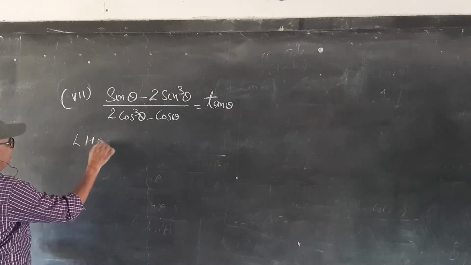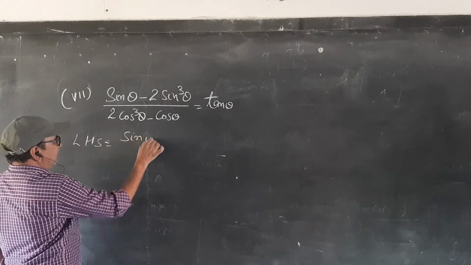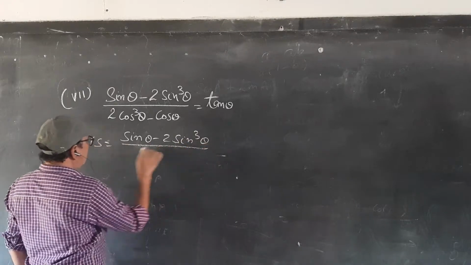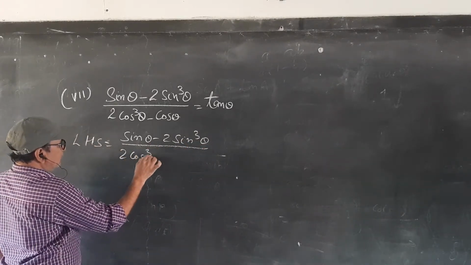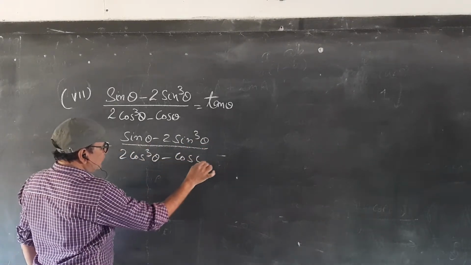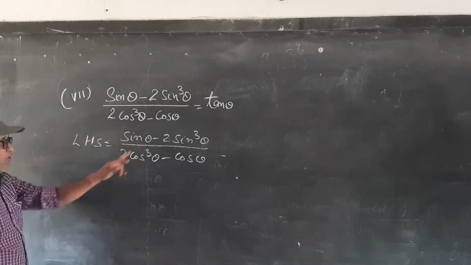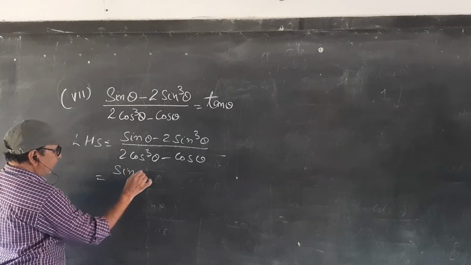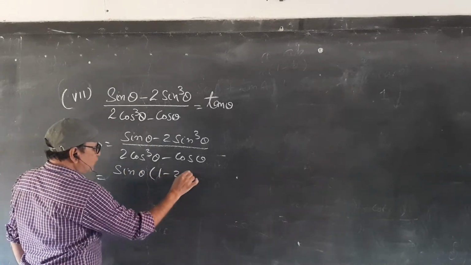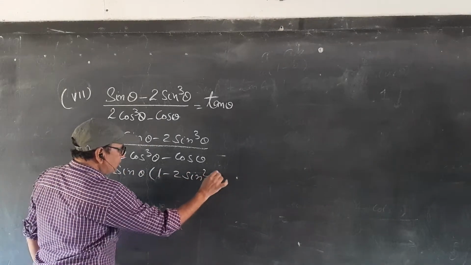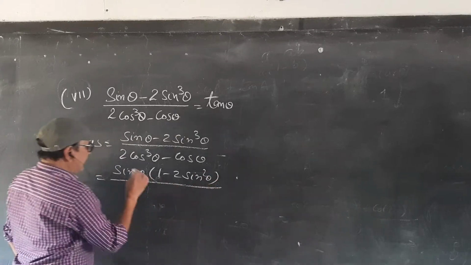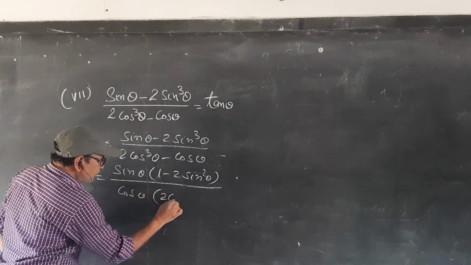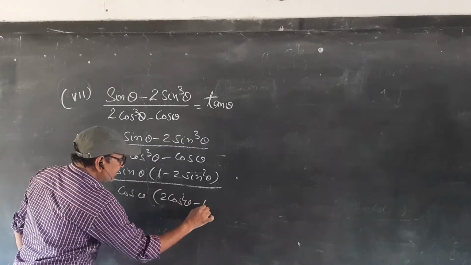So first write the LHS: sin theta minus 2 sin cube theta upon 2 cos cube theta minus cos theta. So now what is common? Sin theta is common, so remaining 1 minus 2 sin square theta, isn't it? And now here cos theta is common, so 2 cos square theta minus 1.